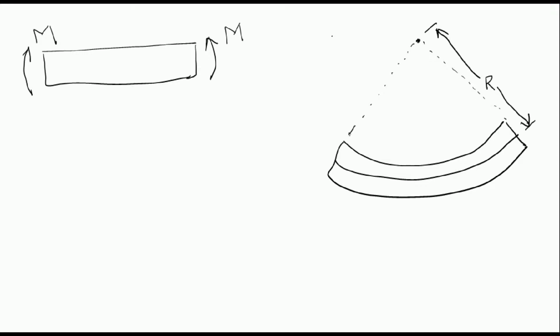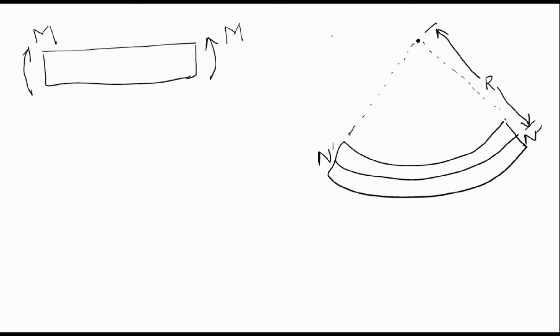So let's say this is the deformed shape of the member, and as we have stated in the assumptions, the member after bending, each of the layers is a circular arc with a common center of curvature. So this is the center of curvature. R is the radius, which is the distance from the center of curvature to the neutral layer.